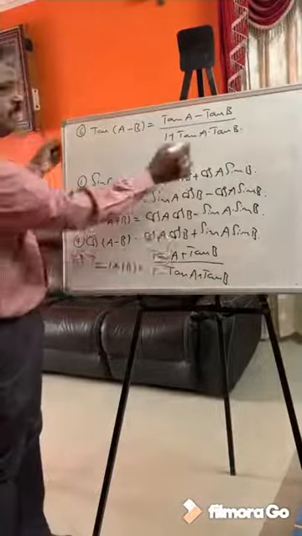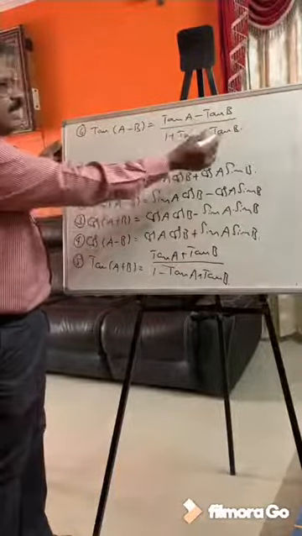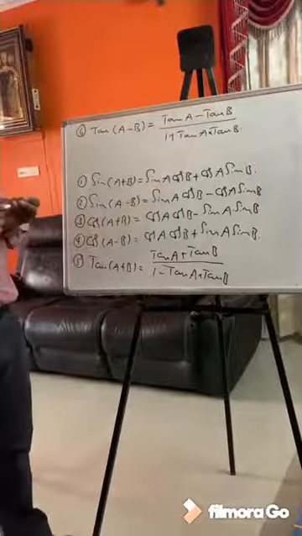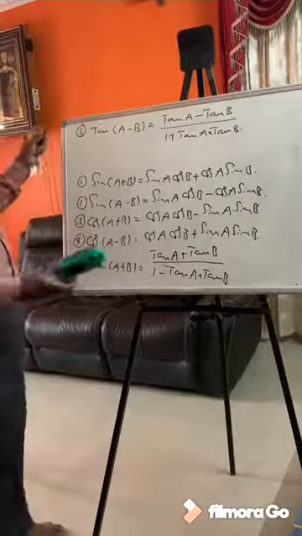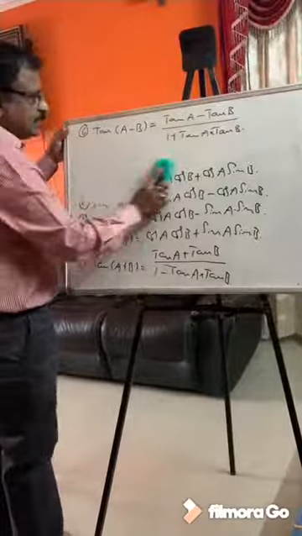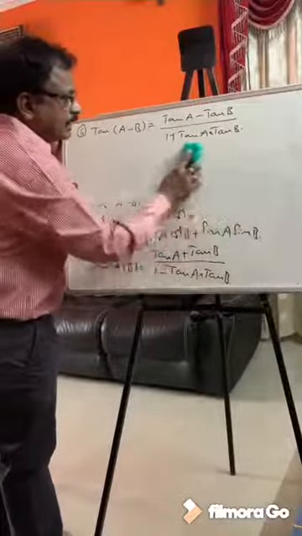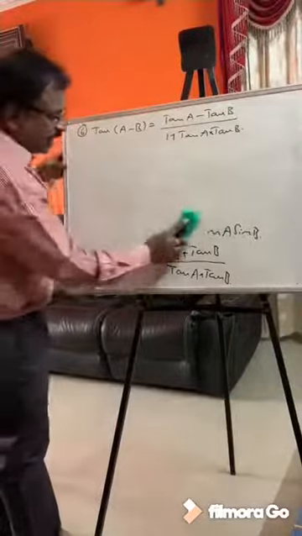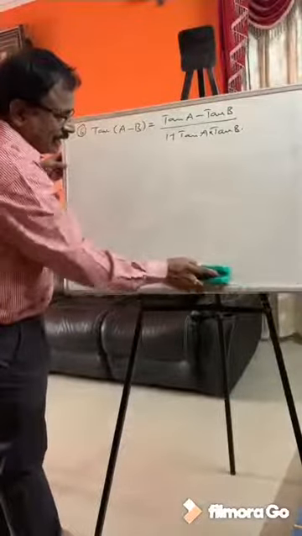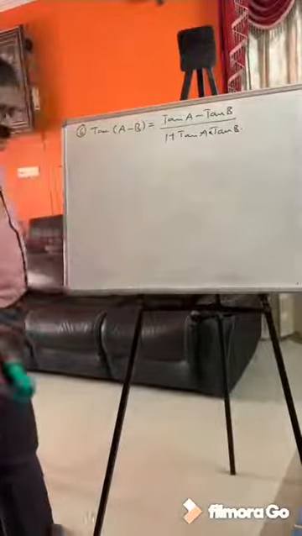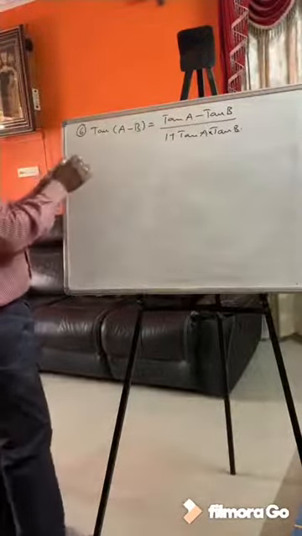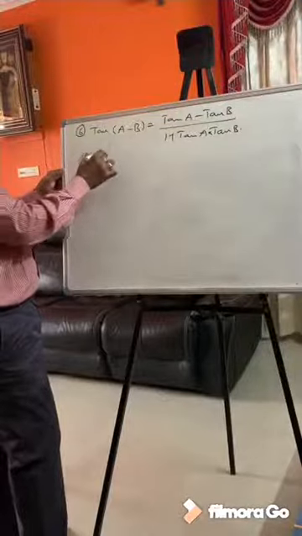Here also it is tan A into tan B. When minus, the numerator is minus and the denominator is plus. More four formulas like this. Don't worry, I will give this for every chapter. I will give PPTs. If you are unable to copy this, I can share.